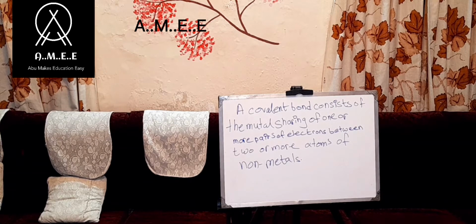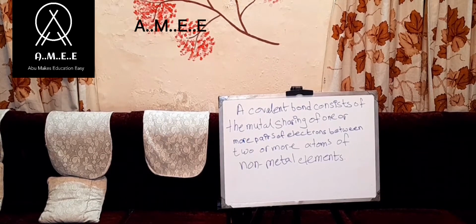The definition is: a covalent bond consists of the mutual sharing of one or more pairs of electrons between two or more atoms of non-metal elements. Sorry, I forgot to write the word elements. Let me write it.